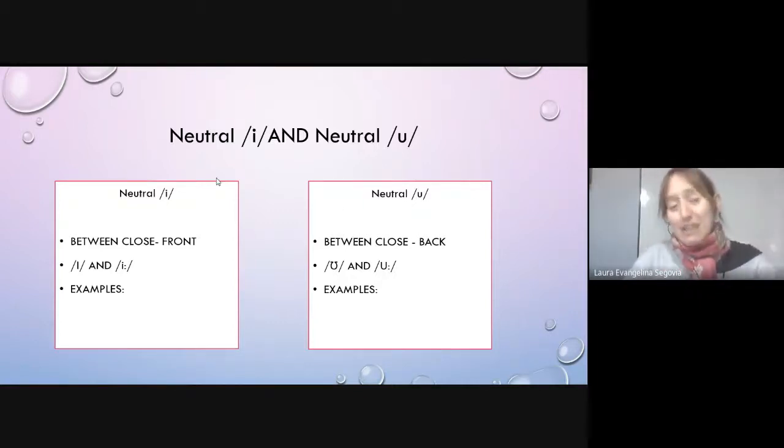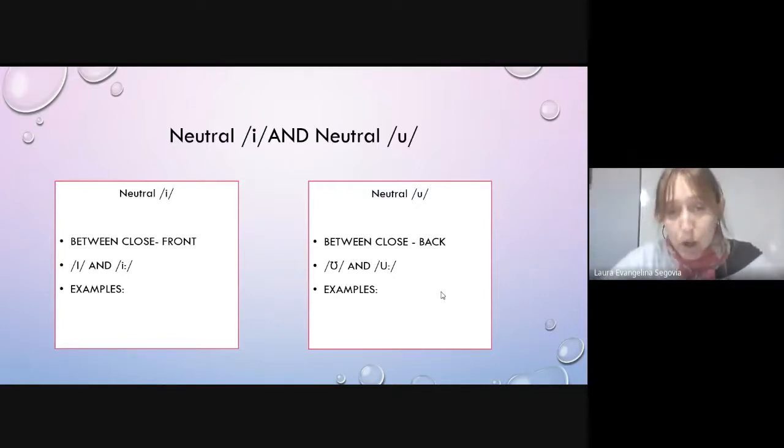Let's see this idea. Let's work together with the neutral E and the neutral U. Okay. And you have examples here. I will show the examples in the PDF. But the idea is that you have a clearer position about this. The neutrality is related not only to pronunciation, but also when you have to think about a weak syllable that you need in a word.